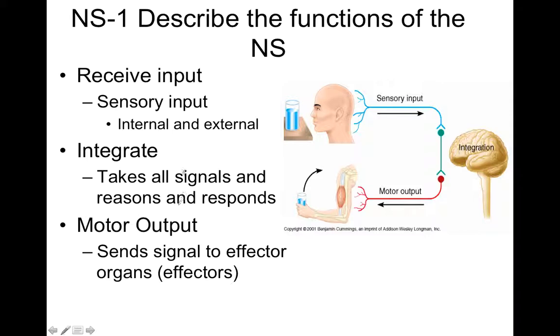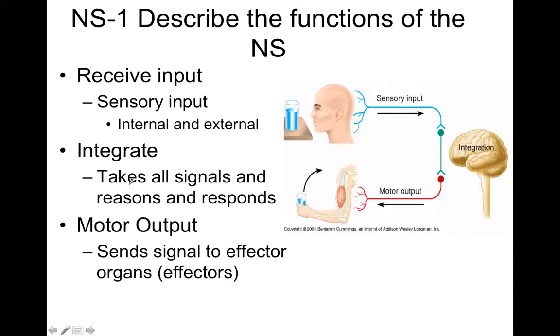Then we integrate that information. Integrating the information is going to happen in the brain, and this is where we take in all of the information. So what do we see and feel and hear, what's going on inside of our bodies, and it also takes into account our instincts and our memories and our experiences.